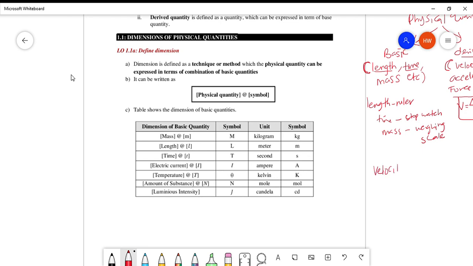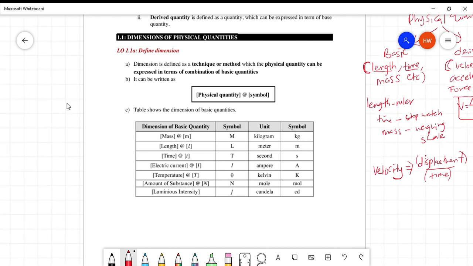Velocity is a derived quantity, so we want to express it in terms of the basic quantities, which are length, time, and mass. Velocity is actually displacement over time. Displacement is a basic quantity, which is length, and time is also a basic quantity.